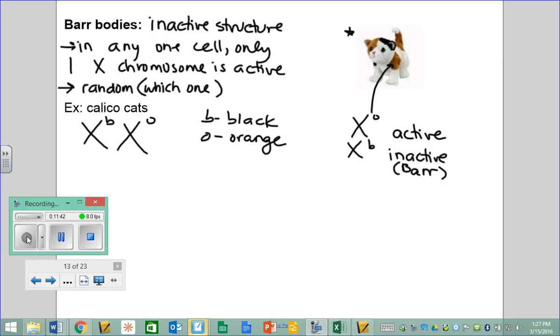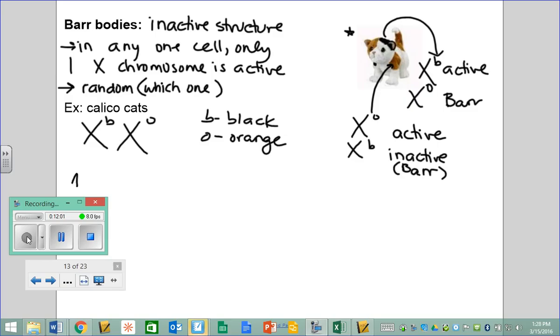If I were to look at the black spot, I would say exactly the opposite. In that particular area, B was active and O was inactive.